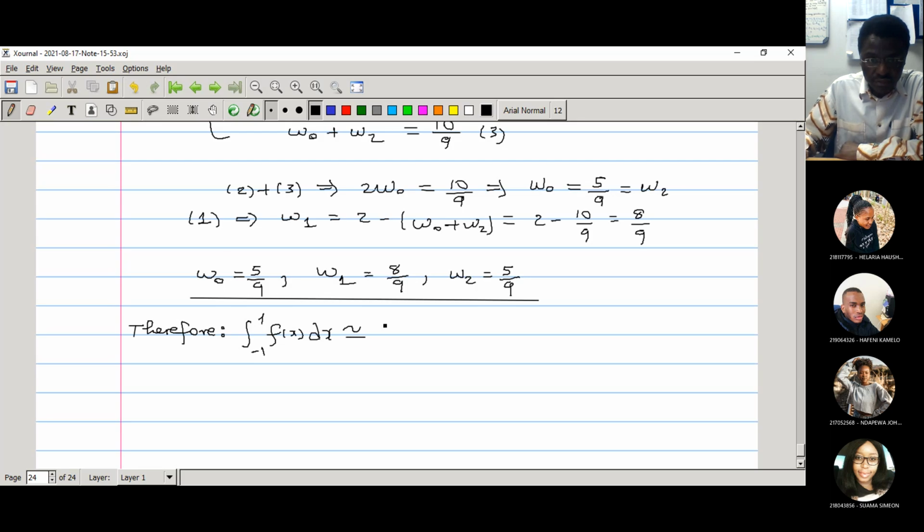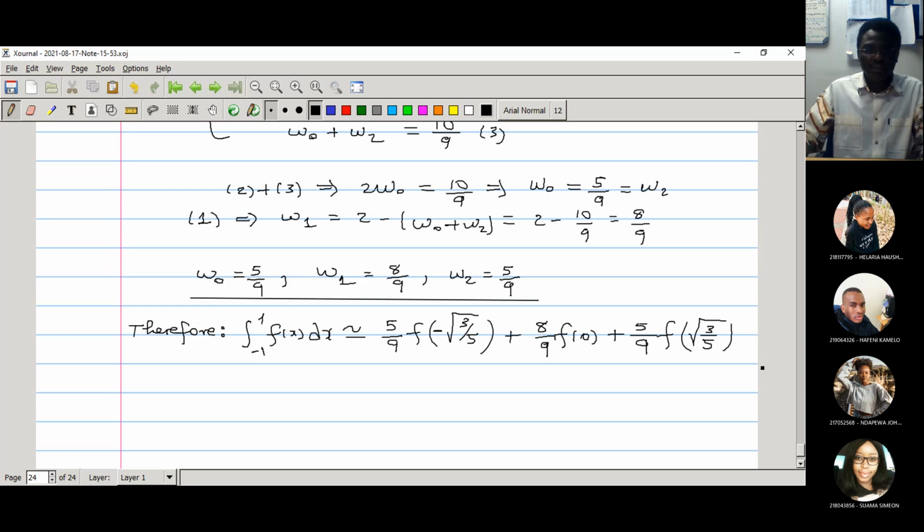We know already W0, that is 5 by 9, f of negative square root of 3 by 5, plus W1, that is 8 by 9, f of 0, the second nodal point, plus W2, which is 5 by 9, times f at the third nodal point, square root of 3 by 5. So this is how we obtain our rule.